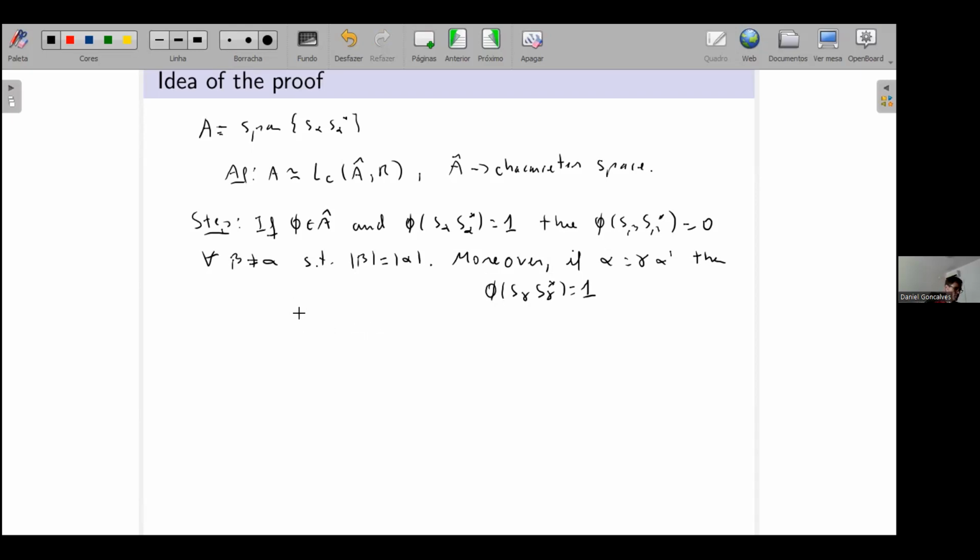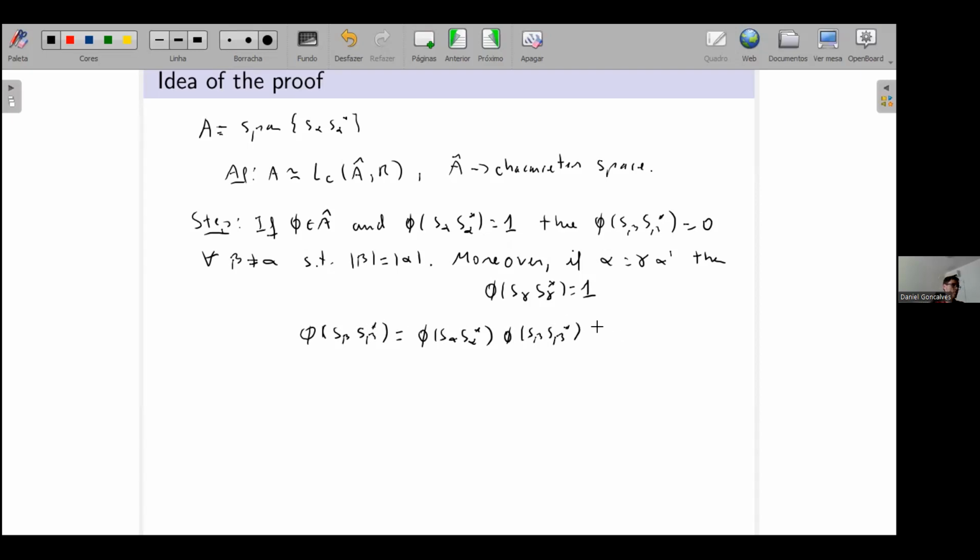Just to see one of these: we want to see that if phi of S_alpha star is 1, then for the other S_beta star it is 0. Write phi of S_beta star. If phi of S_alpha star is 1, I can just multiply by 1: phi of S_alpha star times phi of S_beta star.